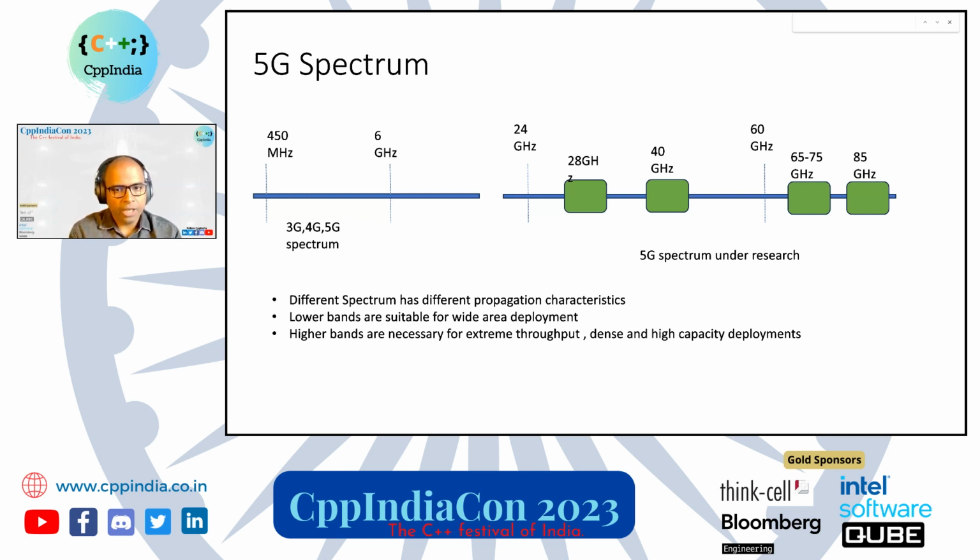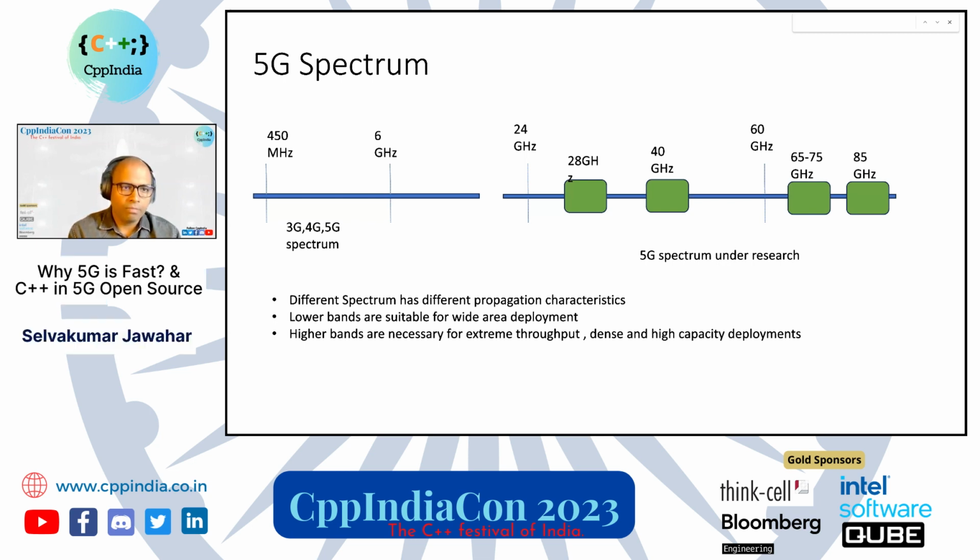But a higher frequency spectrum gives you very high throughput, and in a small cell you can have a dense deployment. It is very suitable if you have thousands of sensors connected in a network, for example in a manufacturing plant. So for that, higher frequency bands are extremely suitable. 5G supports both and takes advantage of both the bands and their propagation characteristics.